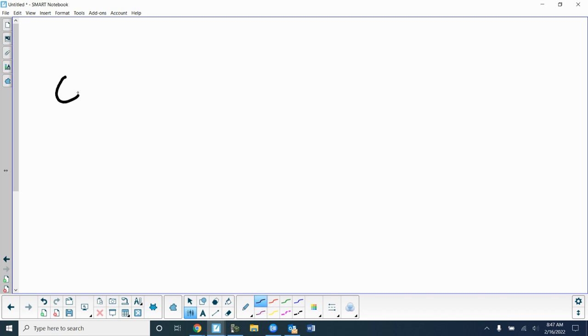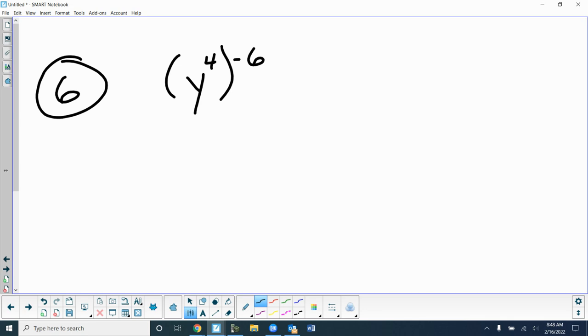Number 6. We're just simplifying again. What's the rule? If I have an exponent inside the parentheses and then outside, or a power to a power, multiply. What's 4 times -6? -24. When we simplify these types of problems with variables, are we allowed to leave our answer with a negative exponent?